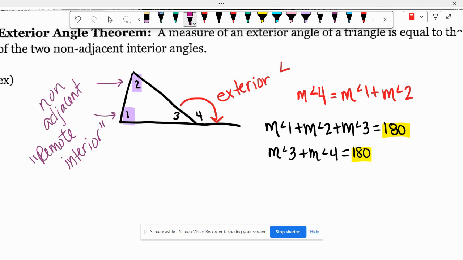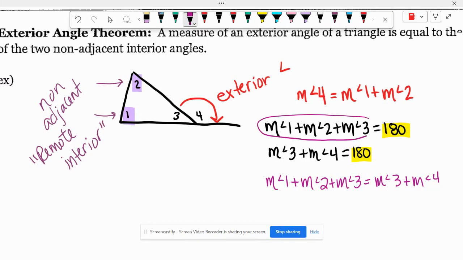It's just like saying the measure of angle 1 plus the measure of angle 2 plus the measure of angle 3 equals y. It's the same concept. So really the measure of angle 1 plus angle 2 plus angle 3 equals the measure of angle 3 plus angle 4, because this equals 180 and this equals 180, so they equal each other.